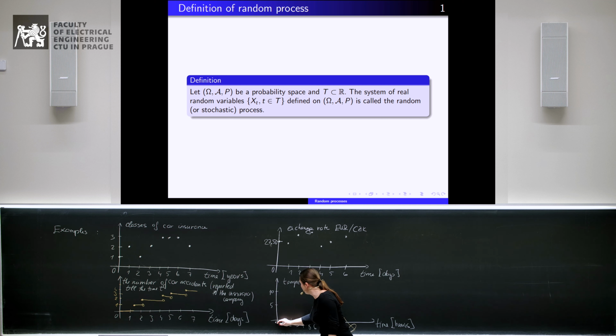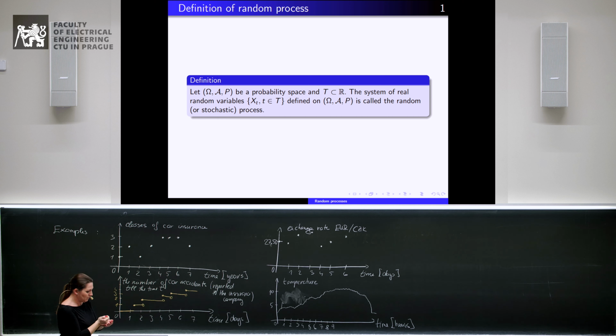So maybe it was a little bit colder around midnight. Oh, it was quite fast. So let's say this is the evolution of the temperature today. And all these plots are plots of realizations of random processes.